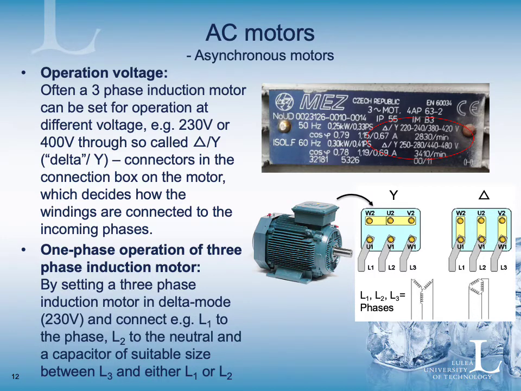What's good to know with these type of induction motors is that you can choose normally what kind of operation voltage you want to operate it with. Often a three-phase induction motor can be set for operation at different voltage.